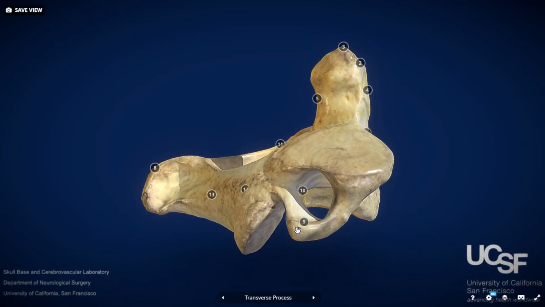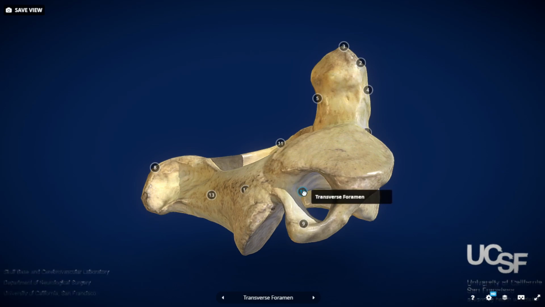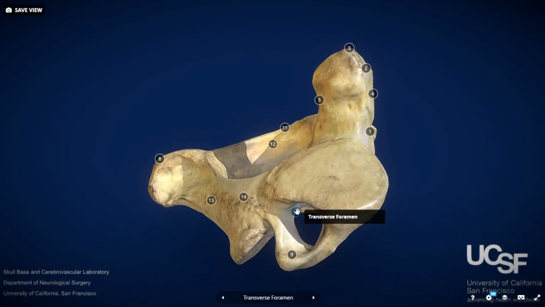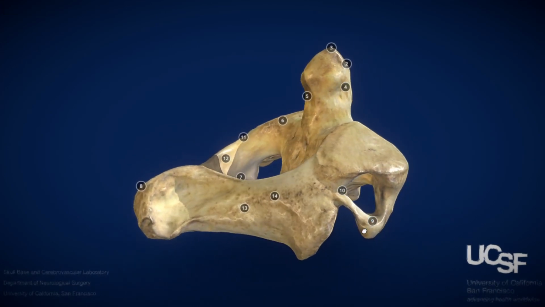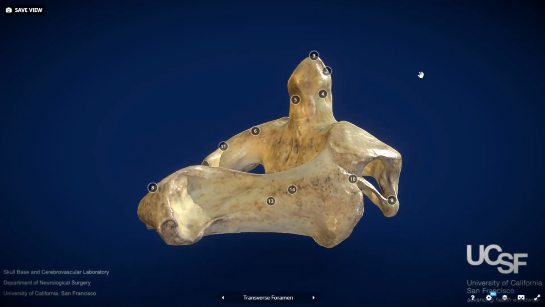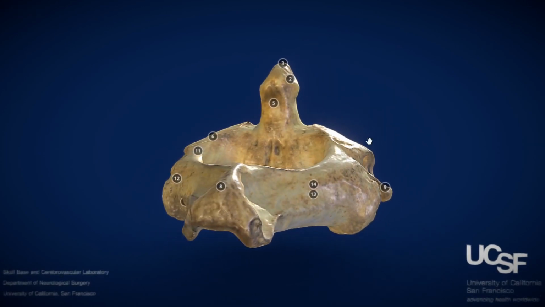Medial to the transverse process, we have the transverse foramen, in which the vertebral artery follows a medial to lateral angle and travels towards the most superior transverse process of C1.